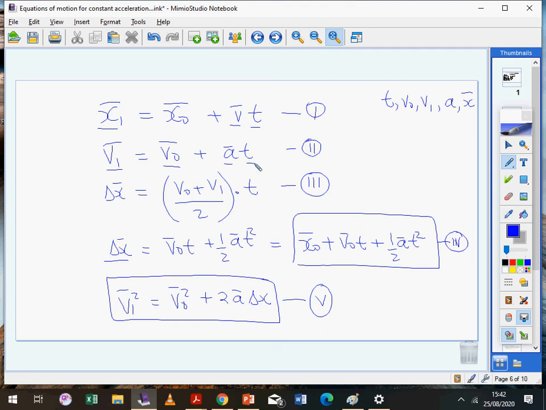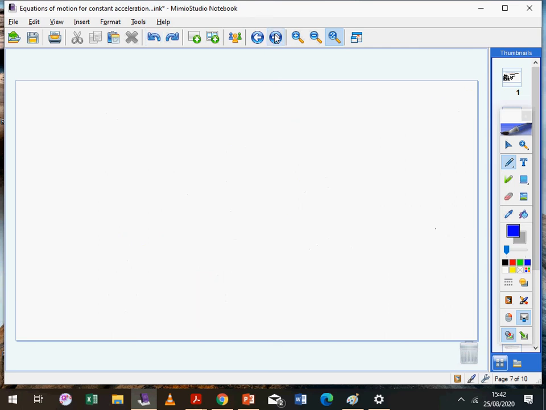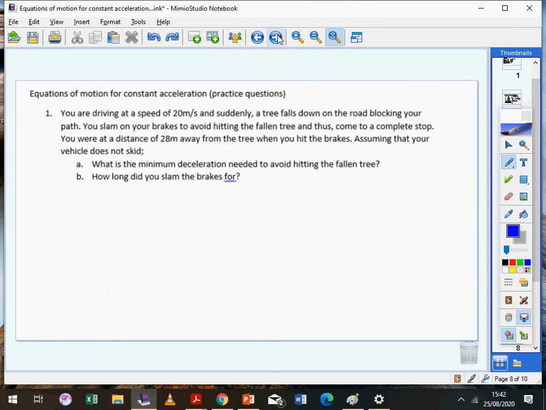Depending on what question you're trying to solve, you're going to be looking for an equation that has what you need, or that has what you have, and the unknown is what you're looking for. It's always nice to have 3 knowns. If you have 3 knowns, you can use one of the equations to find the unknown. So that's kind of the approach for solving equations of motion.